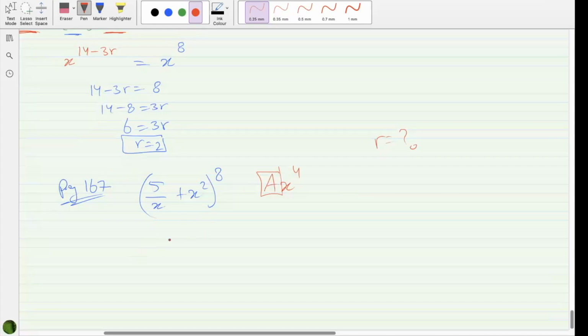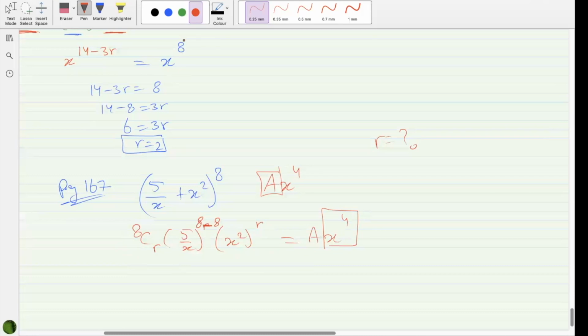So let's try. For sure, this is 8cr times 5 over x power r times, 8 minus r, times x square power r. And this should be equal to ax^4. In order to find a, we first need to find the value of r. So I'll equate powers of x with 4.